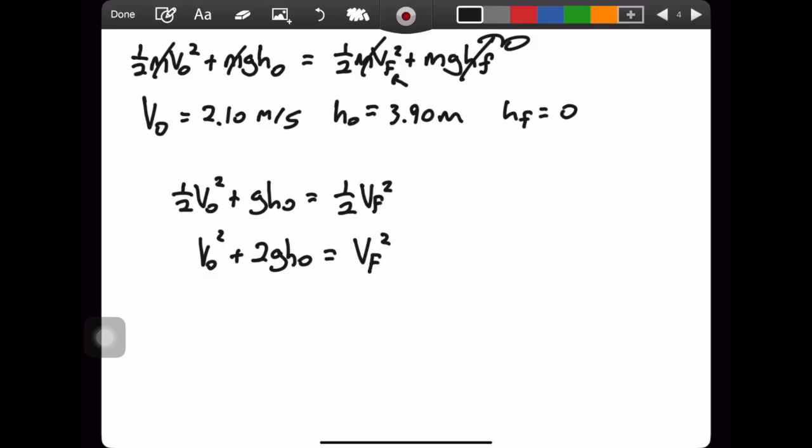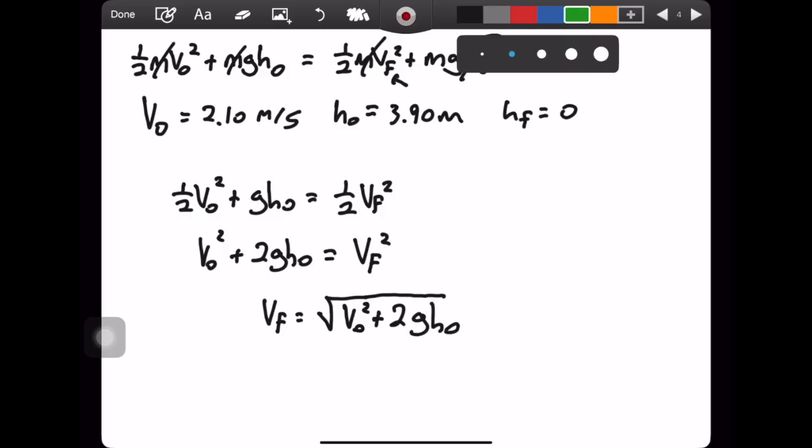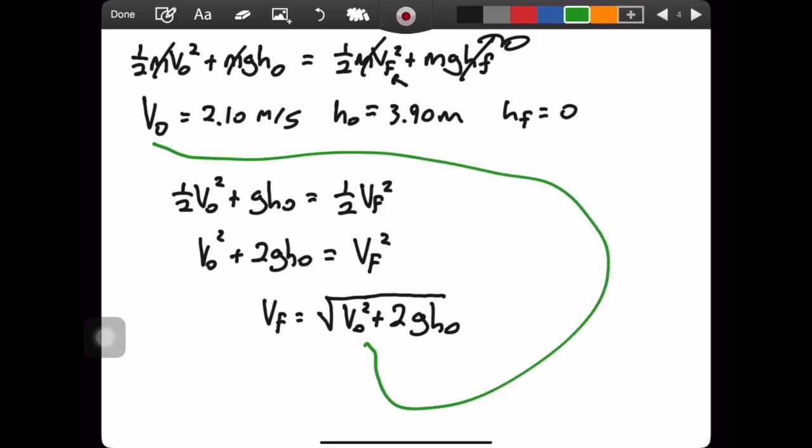And if I want to solve for v final, I have to take a square root, so v final equals the square root of v initial squared plus 2g h naught. And we're good because we've got our v initial term right here, and our h naught term here, and we know what gravity is. And check it out.